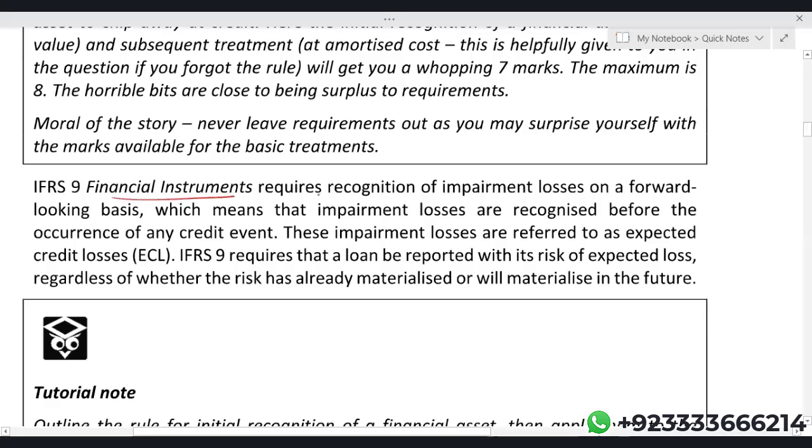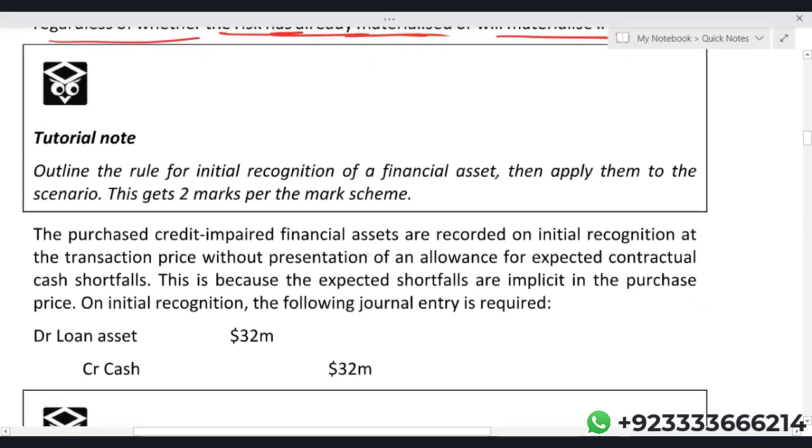IFRS 9 Financial Instruments requires recognition of impairment losses on a forward-looking basis, which means that impairment losses are recognized before the occurrence of any credit event, because the name of the impairment loss model is expected credit loss. IFRS 9 requires that a loan be reported with its risk of expected loss, regardless of whether the risk has already materialized or will materialize in the future.